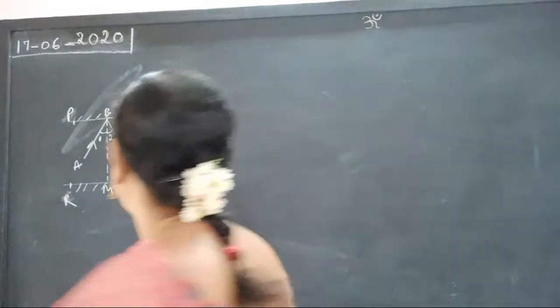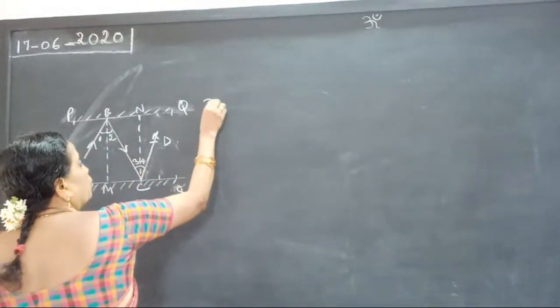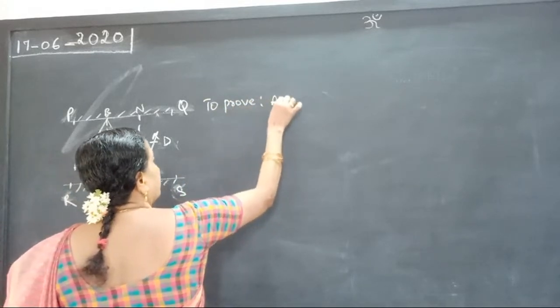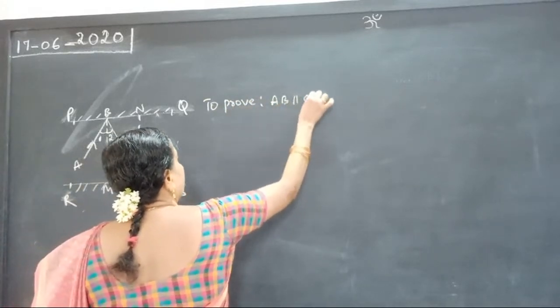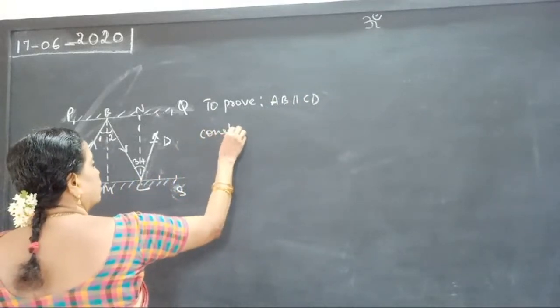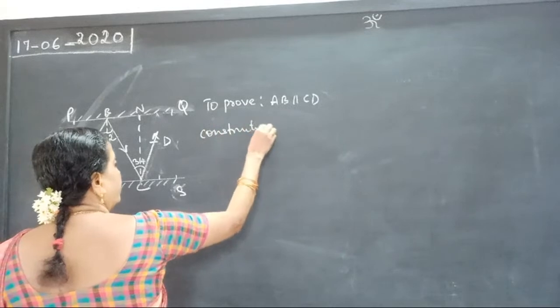Okay? Here, to prove AB parallel to CD. Construction. What construction have we done?